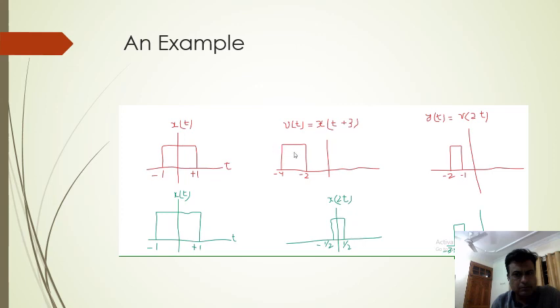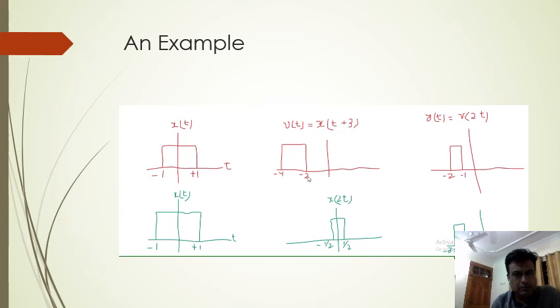So what if we first perform the shifting operation? From x of t, which is non-zero from -1 to +1, we generate a signal x of t plus 3. The signal will be non-zero from points -4 to -2.